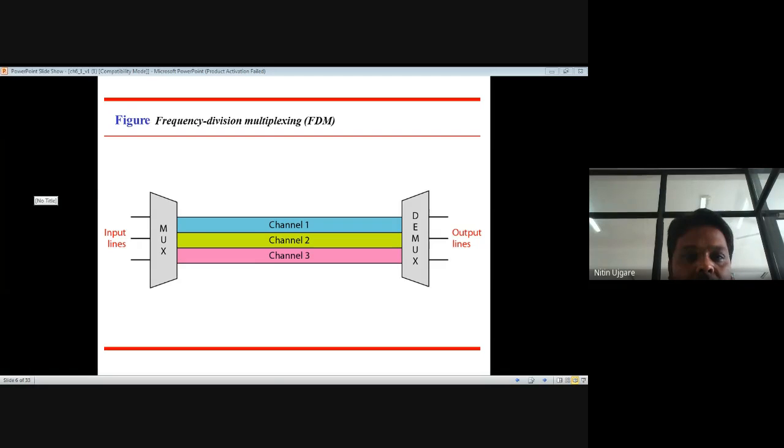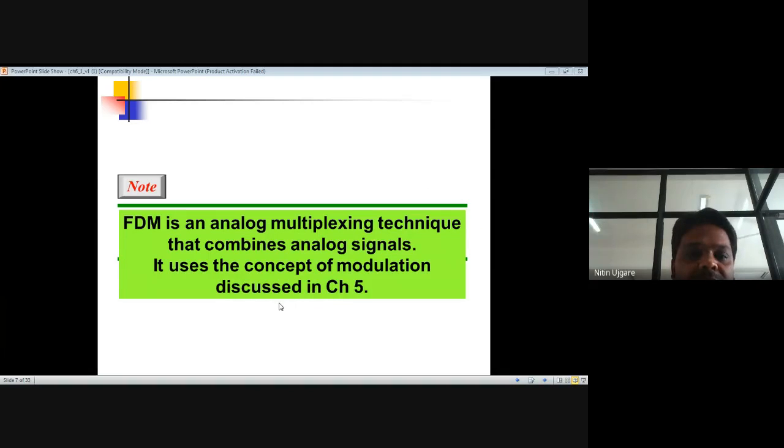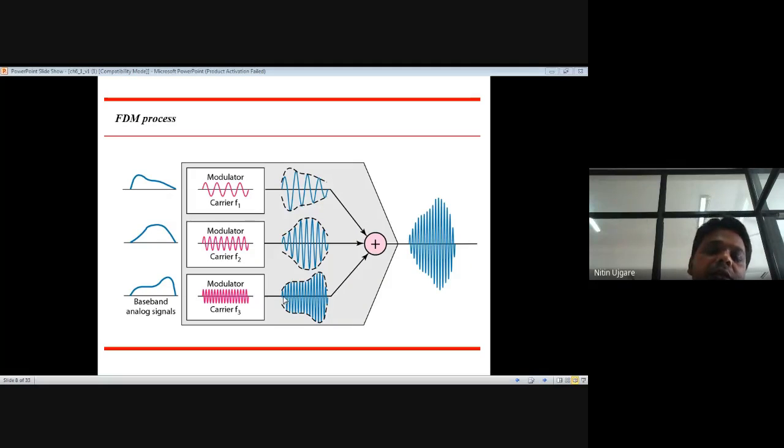Then we'll see the first type of multiplexing technique, that is frequency division multiplexing. FDM is an analog multiplexing technique that combines analog signals, as I already mentioned in the beginning. It uses the concept of modulation. We have already seen frequency modulation, FM.